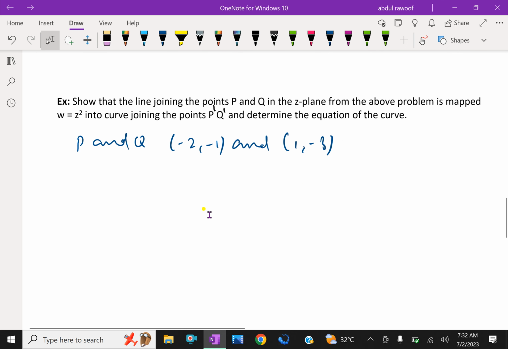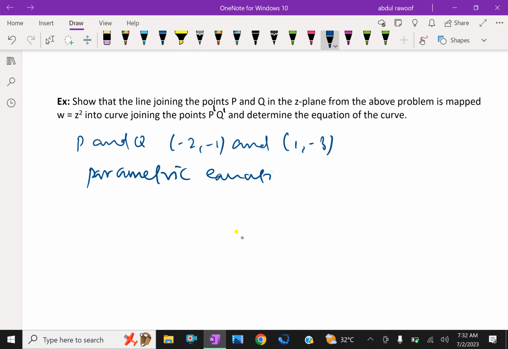Then we find the parametric equation of the line joining these points, P and Q.